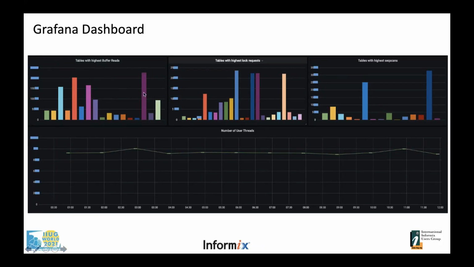When we hover over one of these towers, it gives the details of the database name and the table name. On the top of the dashboard, there is a drop down wherein you can select your server name, and for each server name, the graphs will change. For that server, you will get to know which tables have the highest buffer reads, highest lock requests, highest sequential scans.